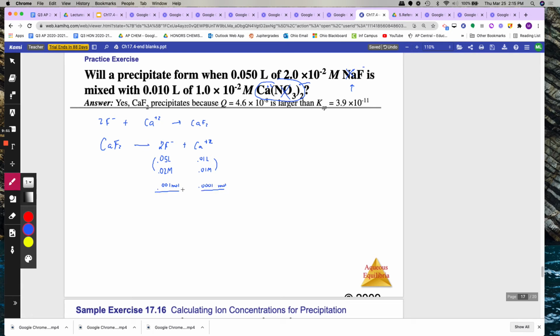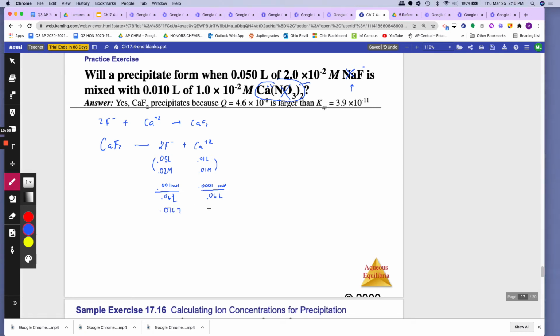Divide both of them by the total volume, which is 0.06 liters. Now I have my molarity as 0.0167. Ooh, I have equal amounts. Interesting. Oh no, this is 0.00167.